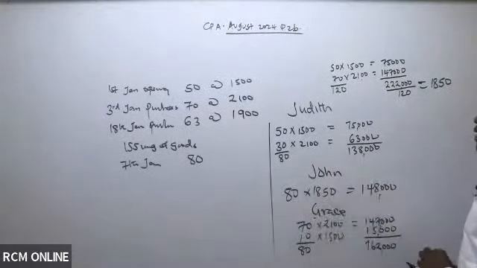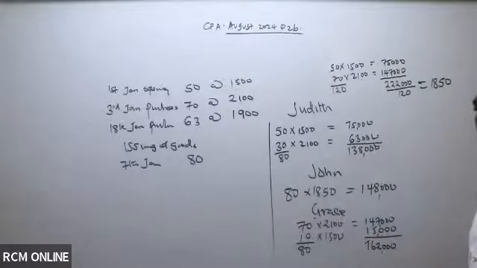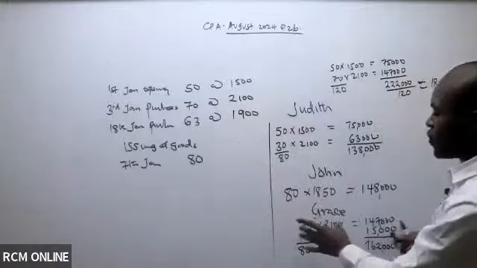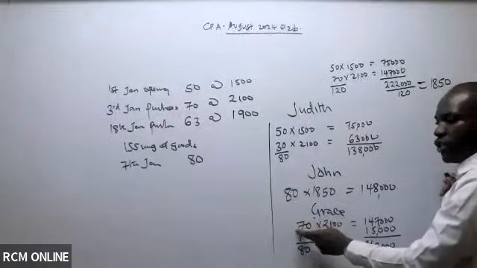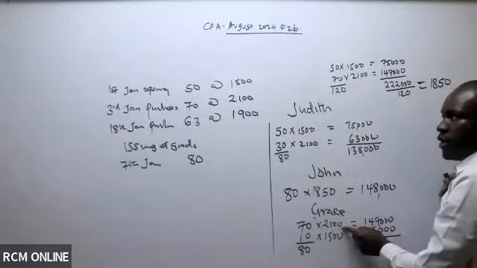Then Grace went ahead and said, you know what? No, that cannot work. I will first of all sell what was brought in at a higher price. So she went ahead and sold the 70 units at 2,100, right?